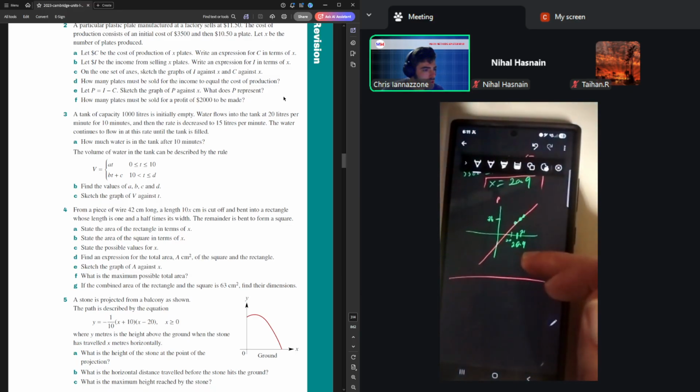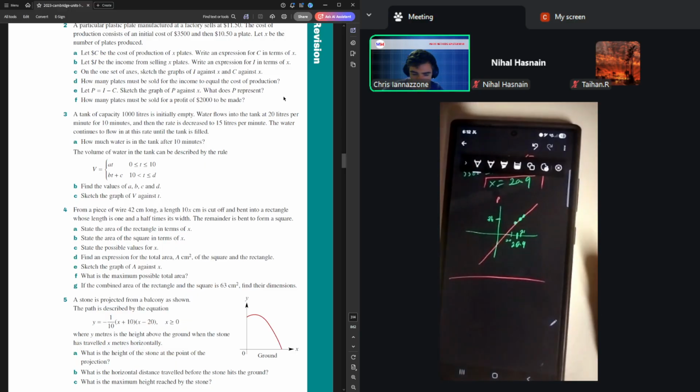The tank has capacity of 1,000 litres, but is initially empty. We're flowing water into the tank at a rate of 20 litres per minute, and we're doing that for a total of 10 minutes. The rate is then decreased, and at that decreased rate, it will continue to flow until the tank is filled. Part A, how much water is in the tank after 10 minutes?